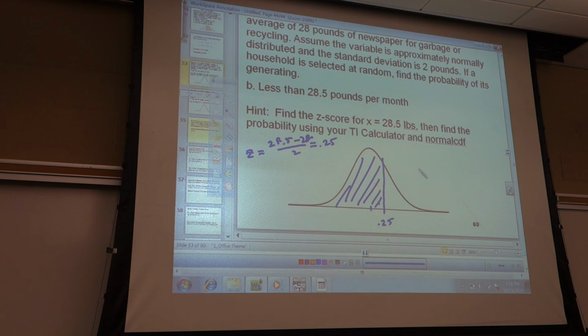Then I'm going to do normal CDF, negative infinity, that's a terrible infinity. Normal CDF of any large number, maybe negative 600, that seems good, comma 0.25. What do folks get for that? 0.5987. Okay, so far?